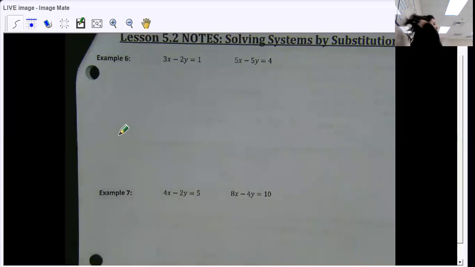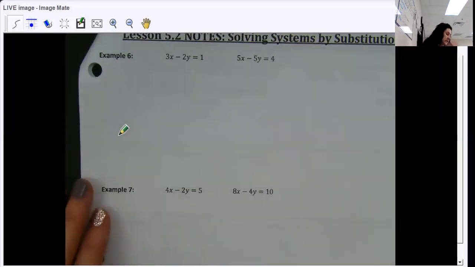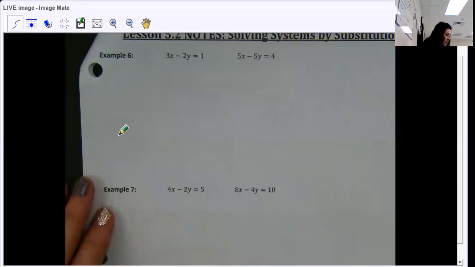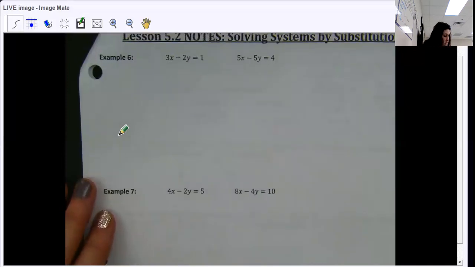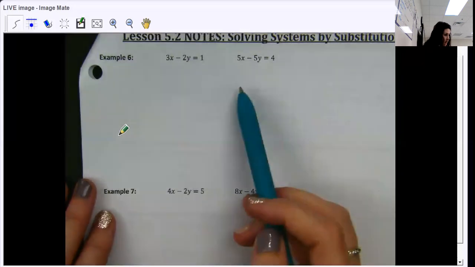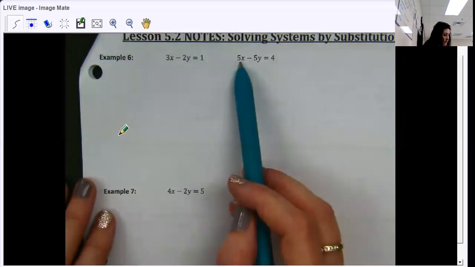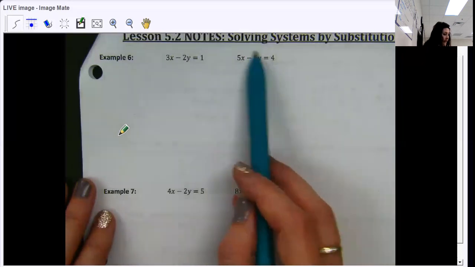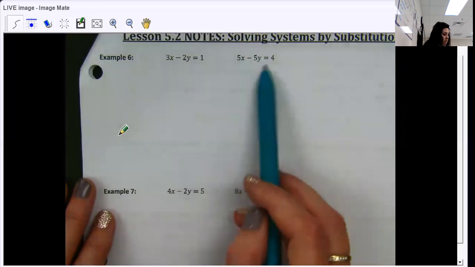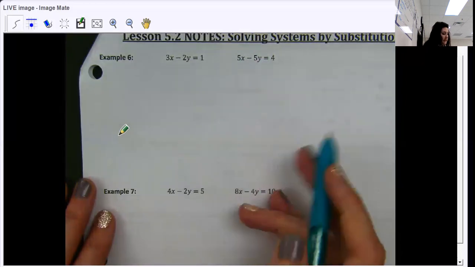Okay, so example 6. I need to isolate a variable. Let's isolate the x.